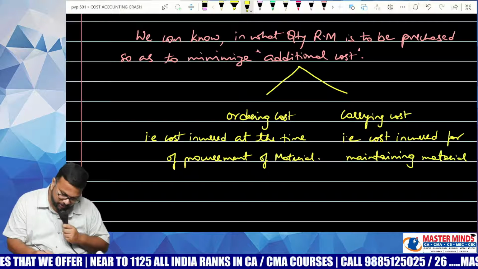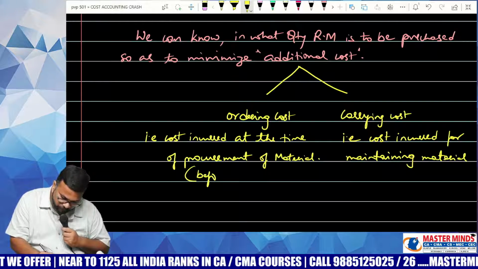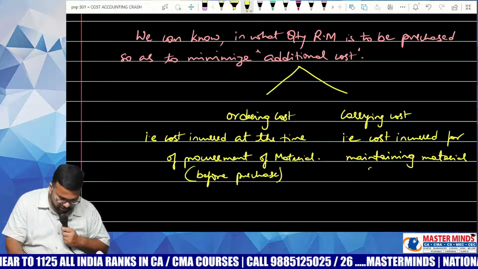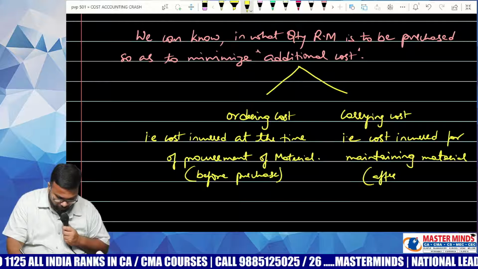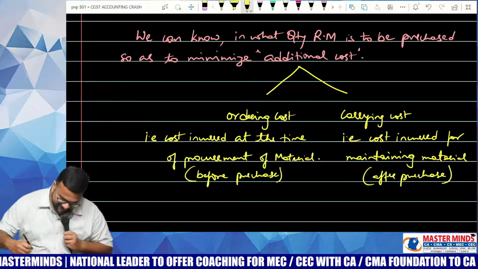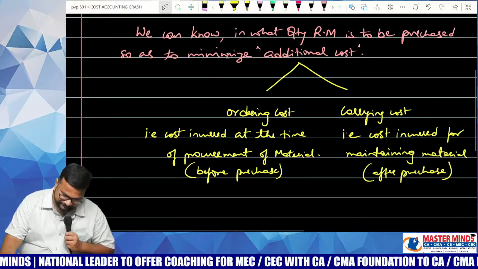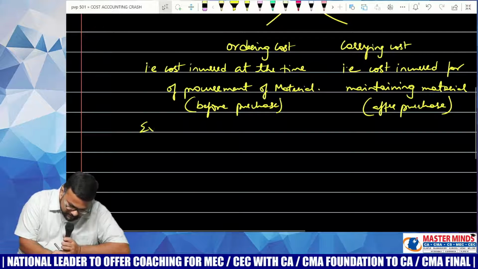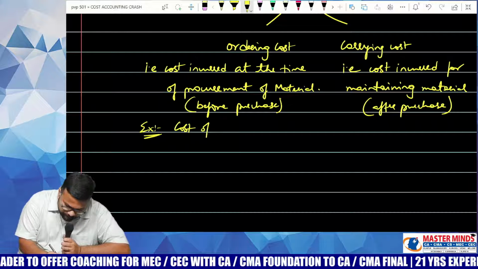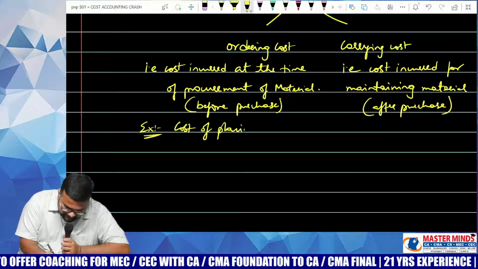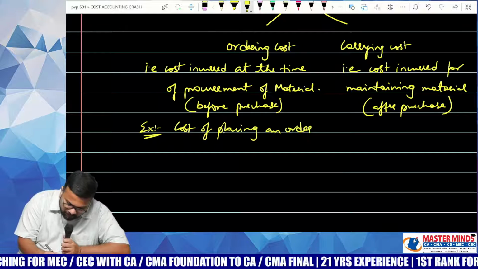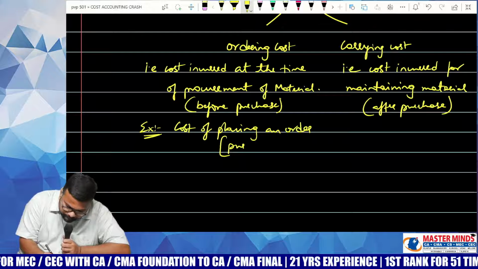So technically speaking, this happens before purchase and this is after purchase. Examples for ordering cost. What are the examples for ordering cost? Cost of placing an order. Generally, this order will be placed by whom?